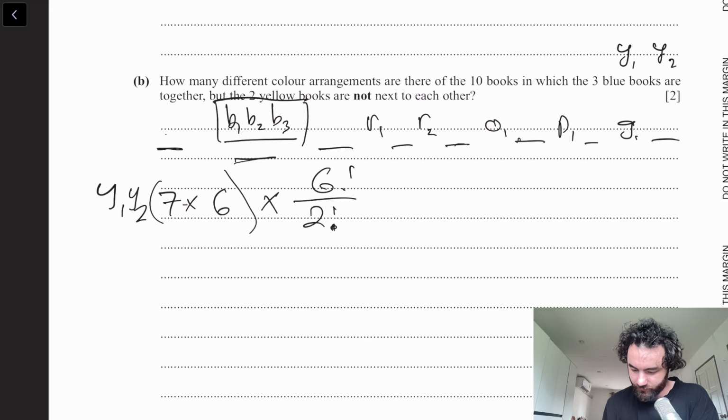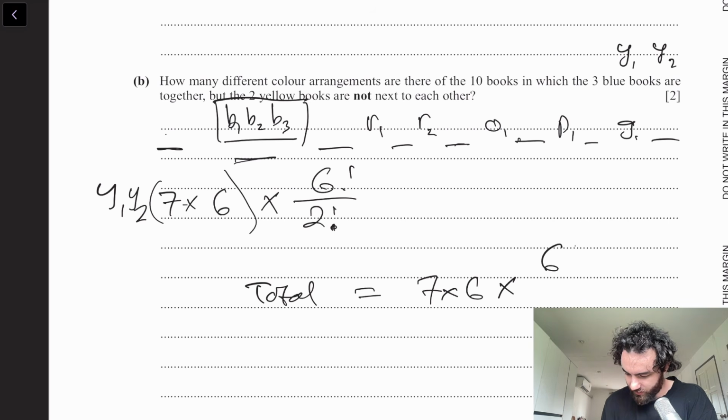So the total would be 7 times 6 for placing these things in, times 6 factorial divided by 2 factorial.